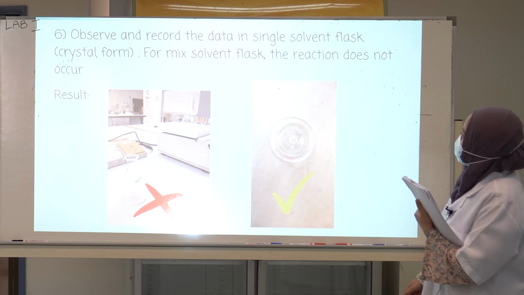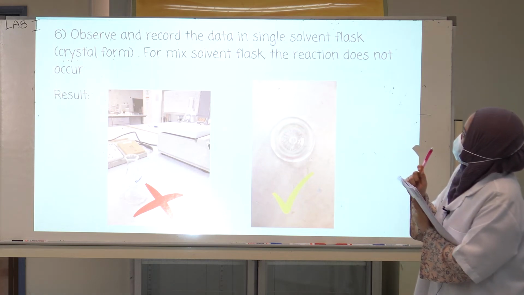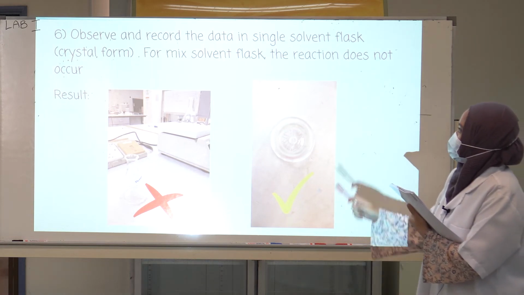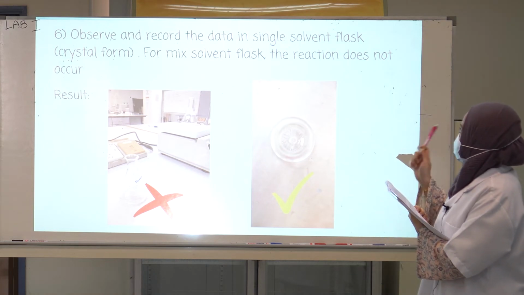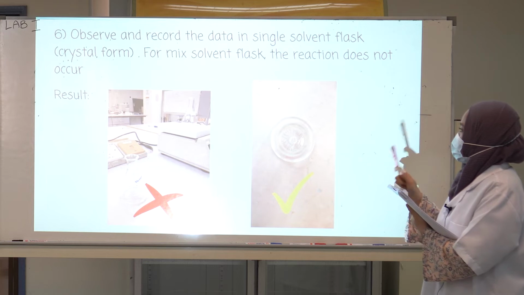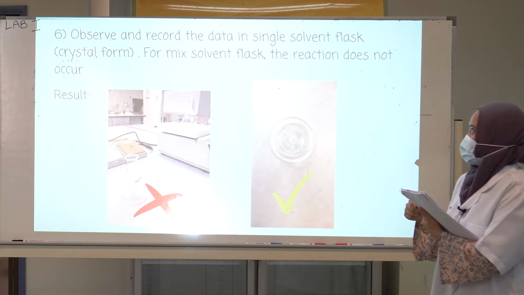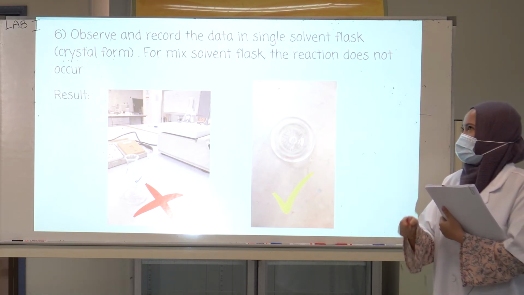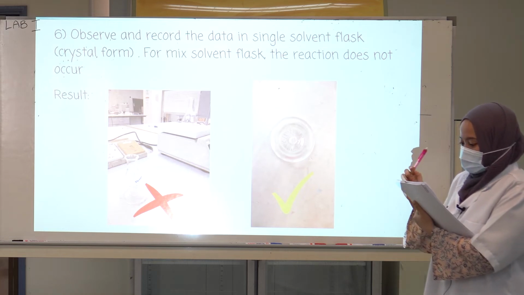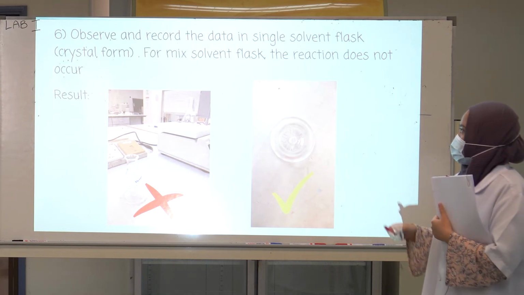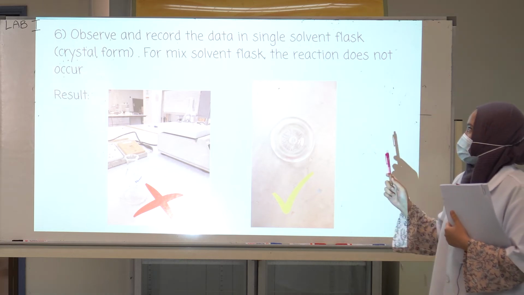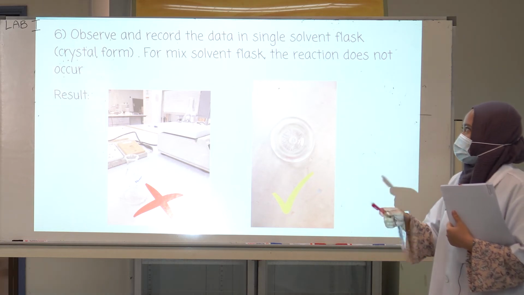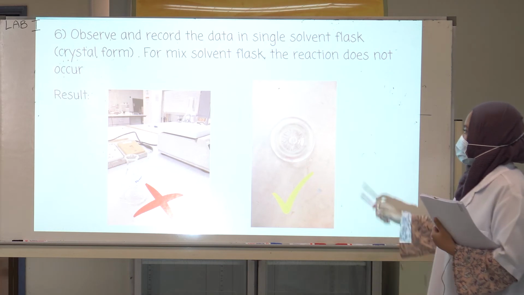It can be seen that for the single solvent flask, crystals will form, while for the mixed solvent flask there is no reaction because supposedly for the solvent we have to use a mix of methanol and water, but in this experiment we use hexane and methanol, so there is no reaction.